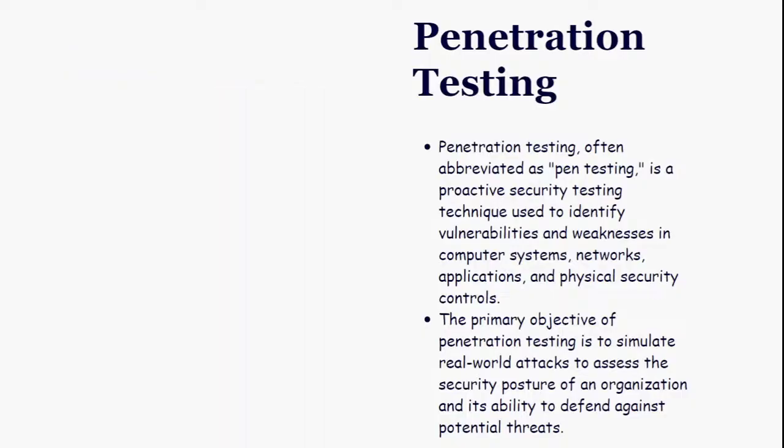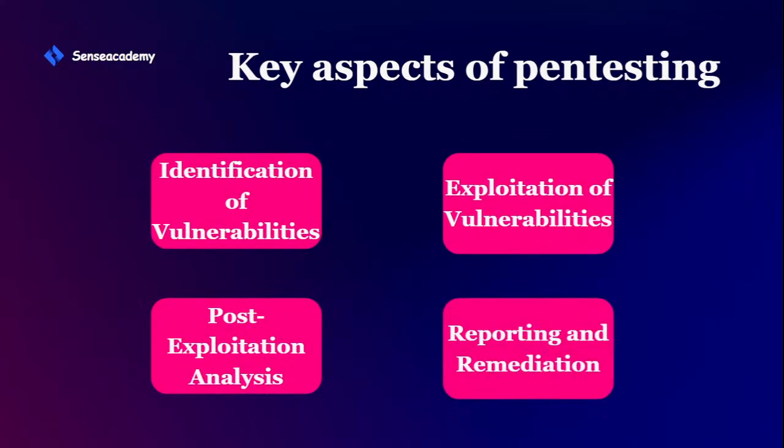So now let's talk about the aspects. What are the key aspects of pen testing? We have 4 key aspects: identification of vulnerabilities, exploitation of vulnerabilities, post-exploitation analysis, and the last is reporting and remediation.